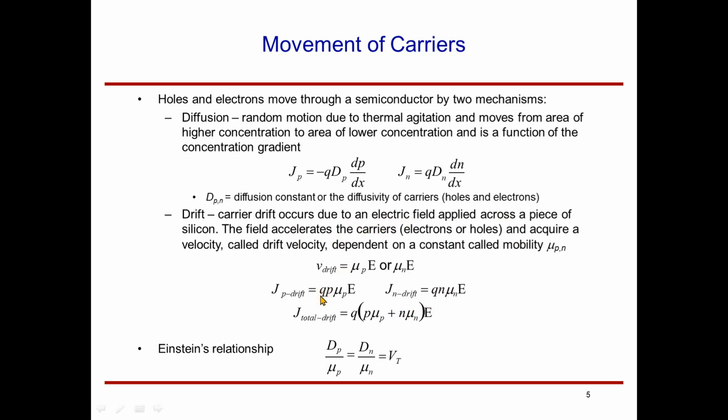That is how we can relate the diffusion and the diffusion constant due to electrons and holes as well. We relate the diffusion constant and mobility by using the Einstein relation, Dp by mu p equal to Dn by mu n equal to Vt, that is the thermal voltage.